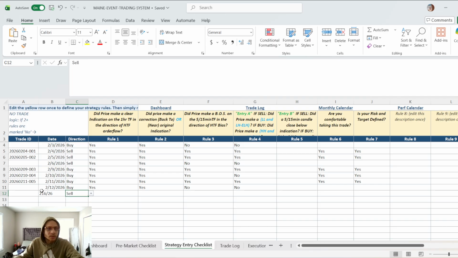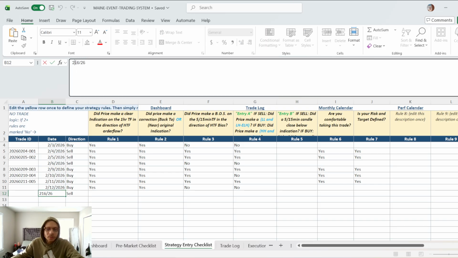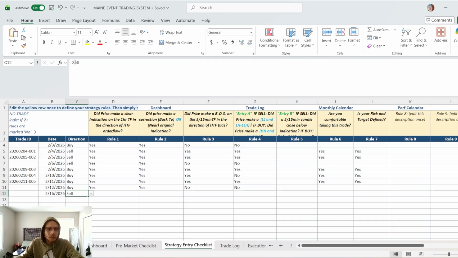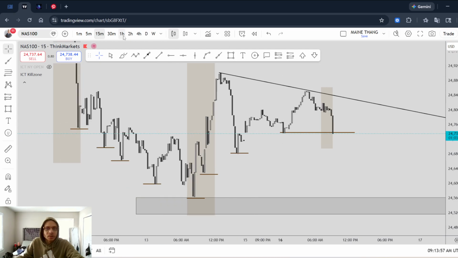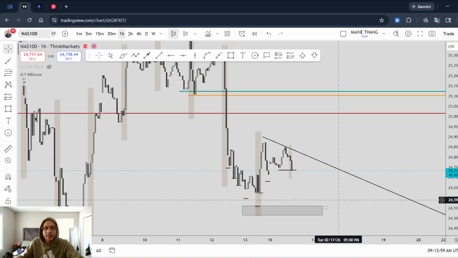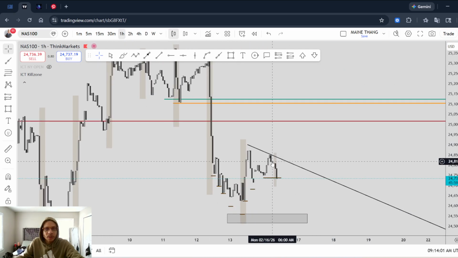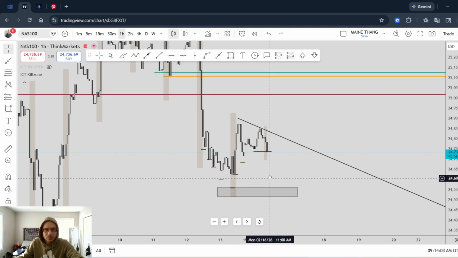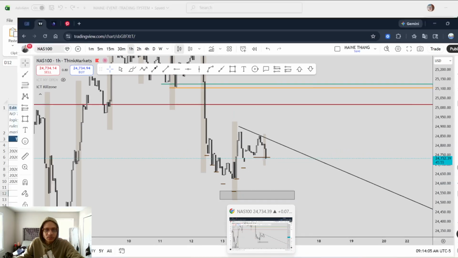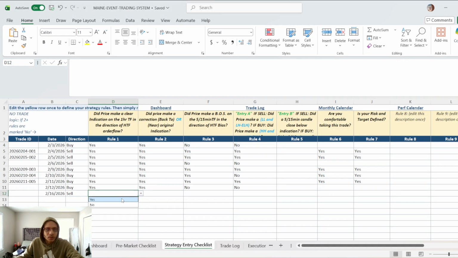Looking for a sell. Did price make a clear indication on the 1 hour time frame? We'll go back to it. 1 hour time frame, there's our indication on the 1 hour. Yes, price made a correction back to or near the original indication.